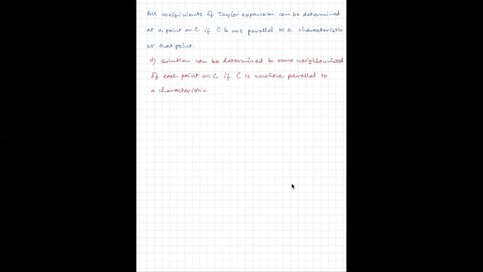Okay, so let's try to find out what the characteristics of some equations are. Let's look at our family of equations again. ∂²/∂x² plus ∂²/∂y² acting on psi is equal to 0. Let's start off with this. In this case, A is equal to C is equal to 1, B is equal to 0.